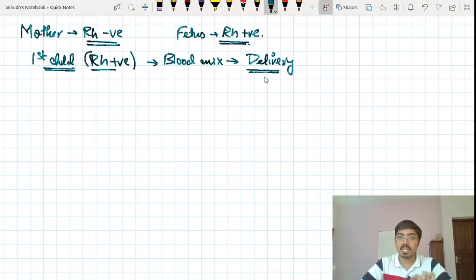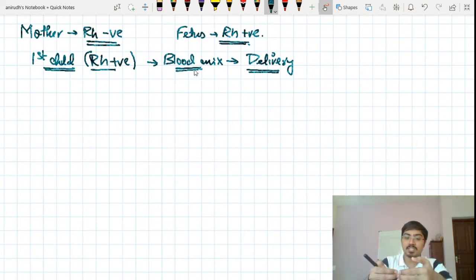So once the blood is mixing, the child blood is coming into the maternal circulation, right? So the fetus blood is coming into the maternal circulation. The maternal blood is mixed. Now this maternal blood is there, and along with that there is some bit of RH positive blood also. So the mother is now having some RH positive blood in her body. So that is destroyed in the mother's body.